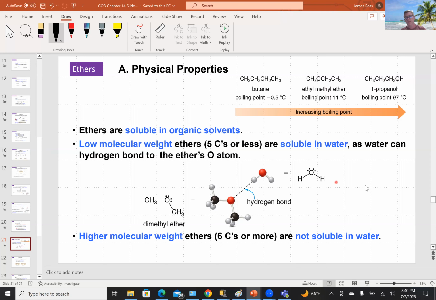Something worth noting here, there's a relationship between ethyl methyl ether and 1-propanol. We notice they both have three carbons. Let me get my pen.